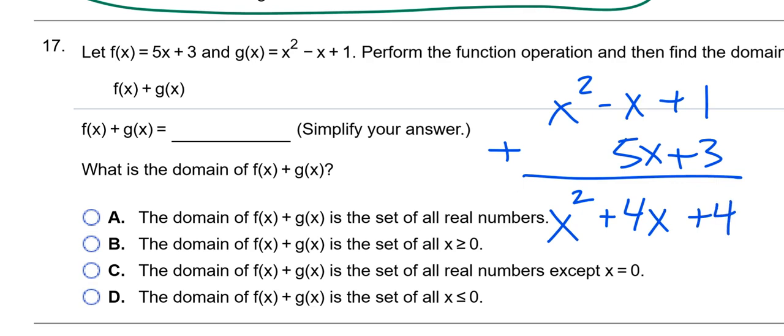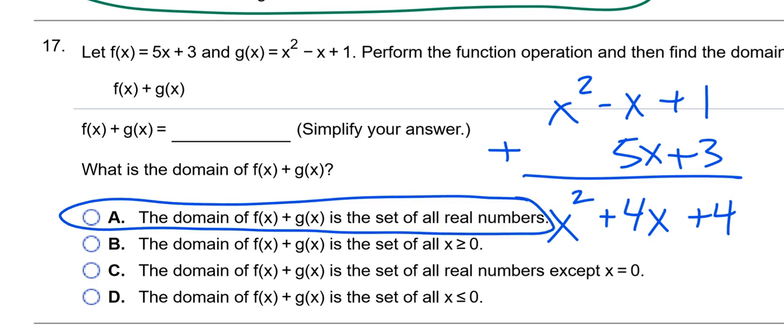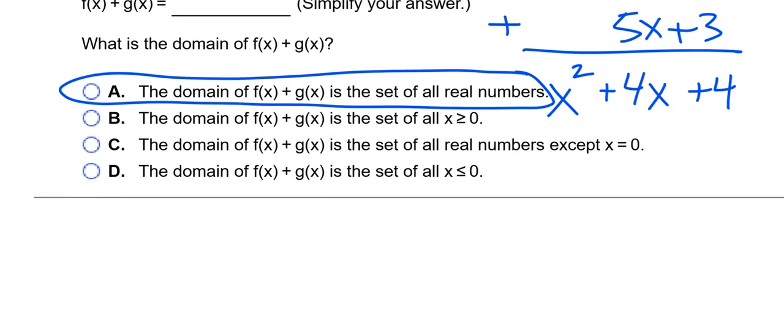What is the domain? A, B, C, or D? A. Are there any denominators to worry about? No. No denominators to worry about at all.